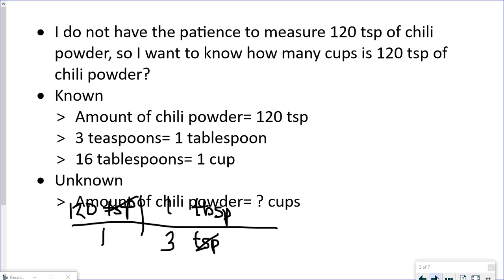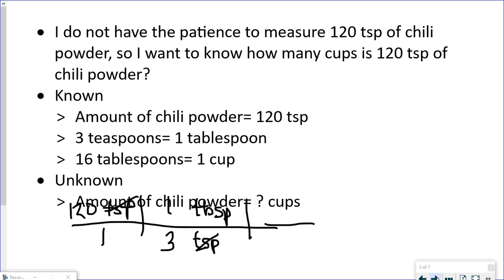And now we would have tablespoons. Well, my answer specifically asked for cups, not tablespoons. So we need to add another step in, and we need to get to cups instead of tablespoons.